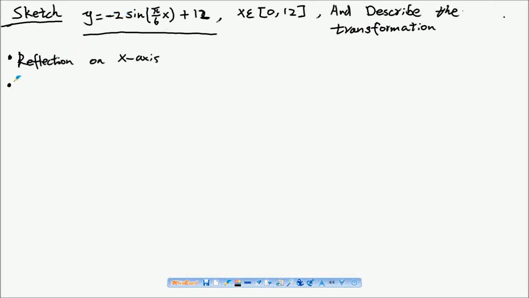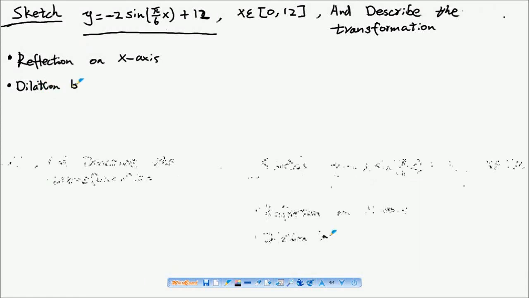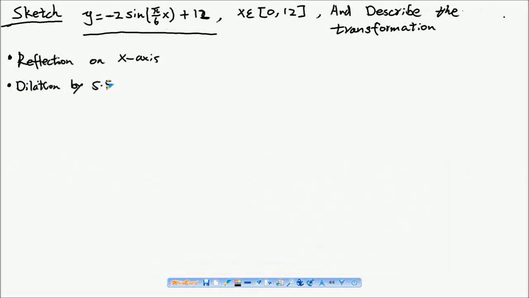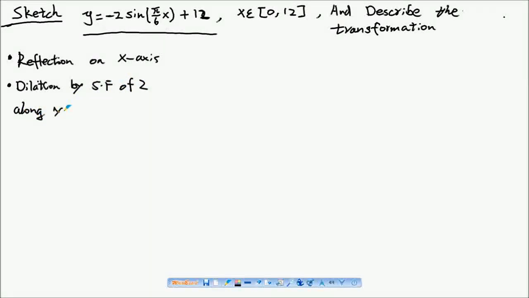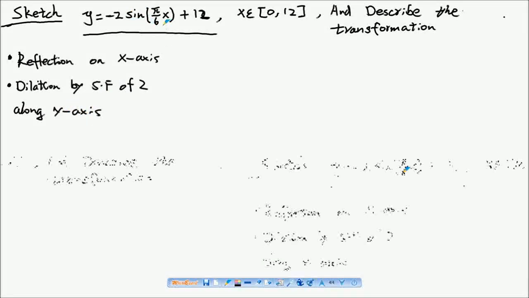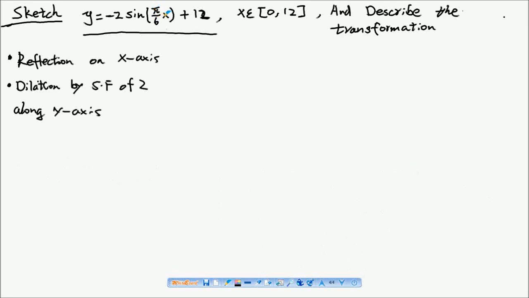After the reflection we will do dilation. Dilation by a scale factor of 2 along the y-axis. And there's a coefficient in front of x in the bracket, so there must be another dilation along the x-axis.